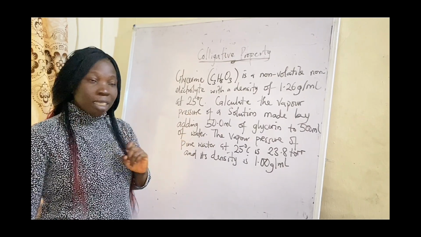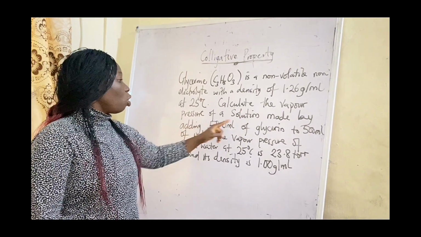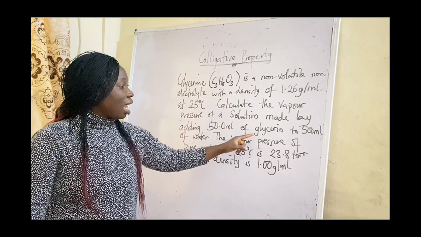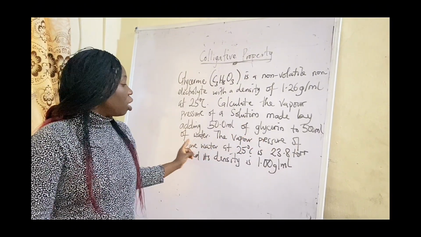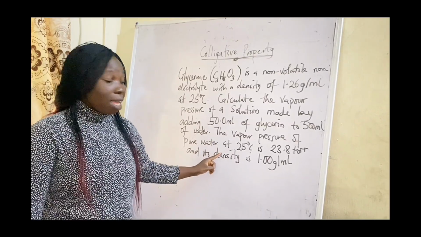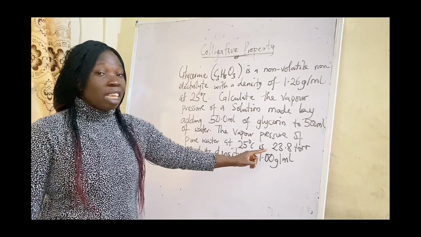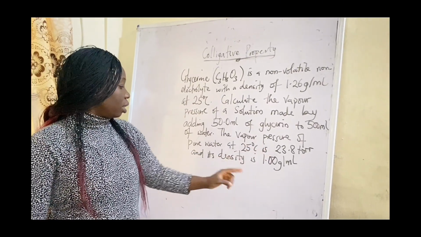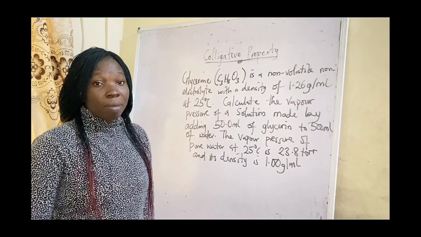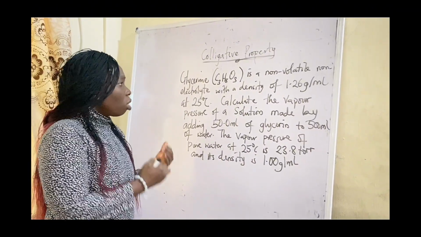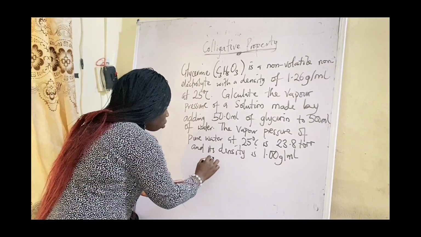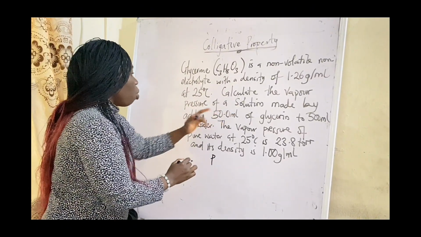The question is, calculate the vapor pressure of the solution made by adding 50 ml of glycerin to 500 ml of water. The vapor pressure of pure water at 25 degrees Celsius is 23.8 torr, and its density is 1.0 gram per ml.